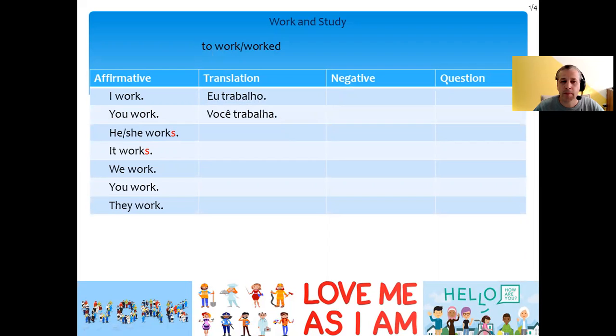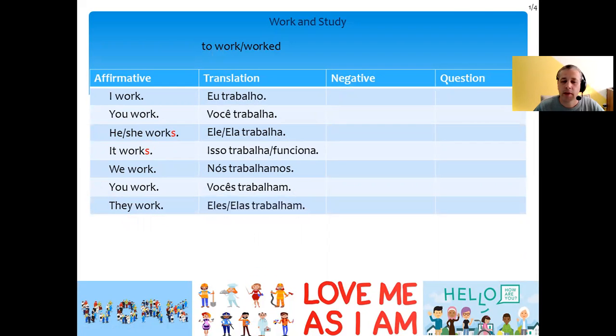Você trabalha. He or she works. Ele ou ela trabalha. It works. Isso trabalha, isso funciona. We work. Nós trabalhamos. You work. Vocês trabalham. They work. Eles ou elas trabalham.